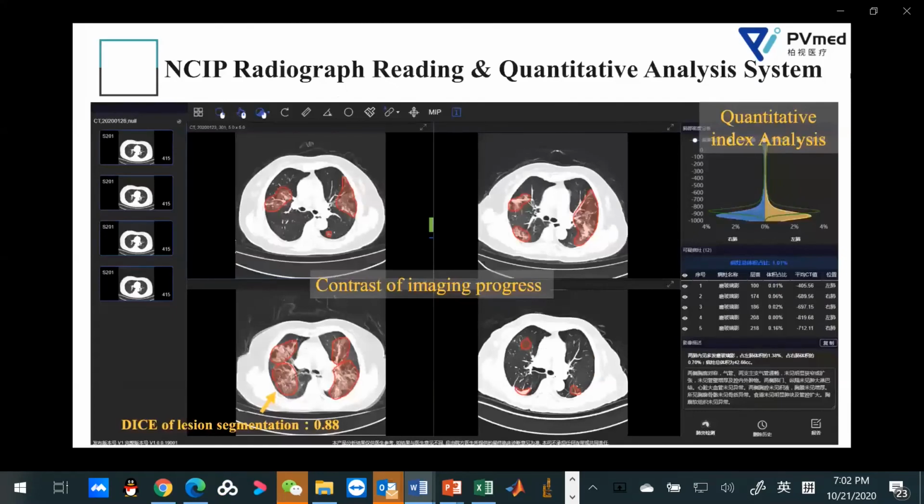Based on the core NCIP lesion detection and diagnosis algorithm, we developed a clinically available NCIP radiograph reading and quantitative analysis system. This is the platform. On this platform, the lesion can be detected quickly and presented to the user via intuitive and simple visualization tools and report forms.